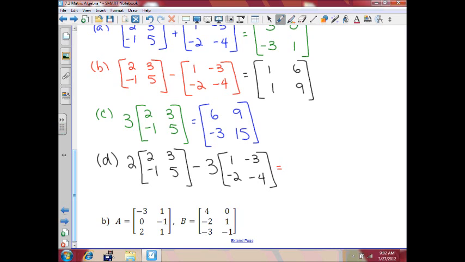When you solve these and simplify, we'll have 4, negative 2, 6, 10, minus, we're going to keep it minus here, so it's 3 times 1 is 3, 3 times negative 2 is negative 6, 3 times negative 3 is negative 9, 3 times negative 4 is negative 12.